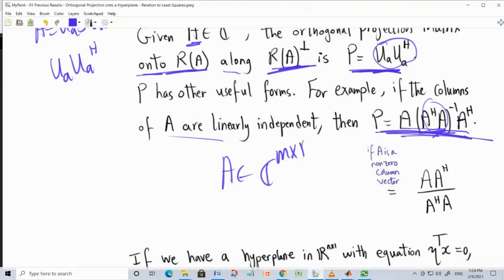And so if n is equal to 1, A Hermitian A becomes just the scalar, which is the L2 norm squared of vector A. Now this thing is not really matrix inversion. It's just 1 over a scalar, and of course, I'm assuming that this vector is anything but the zero vector. So this is a review of the previous lecture.